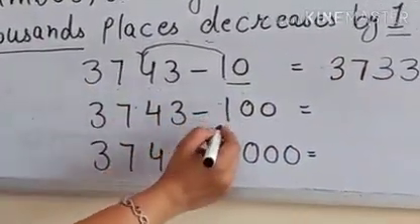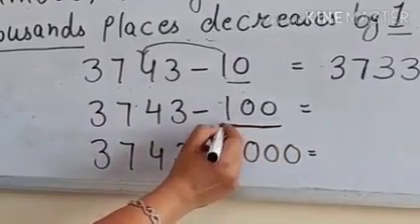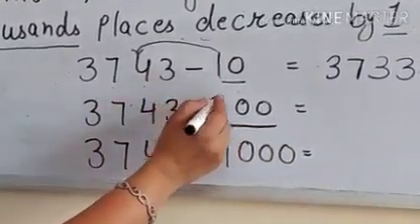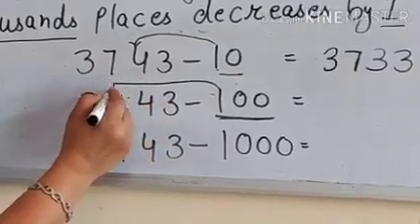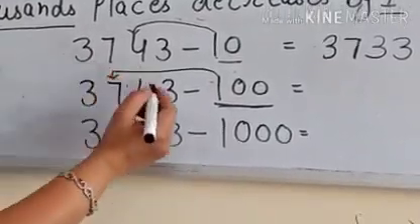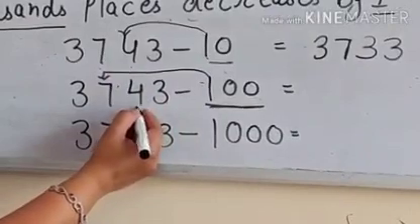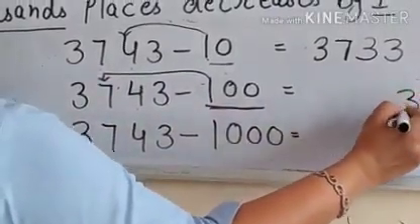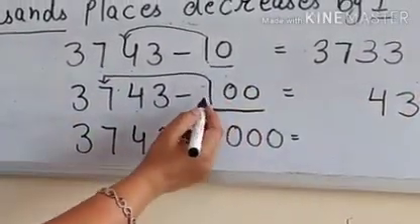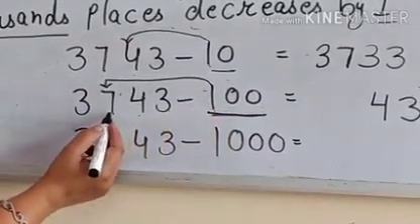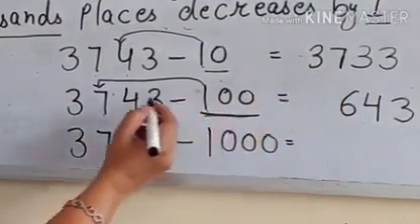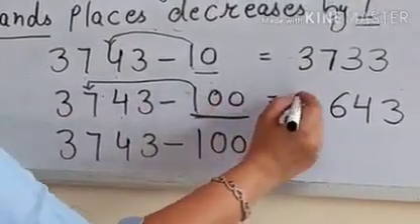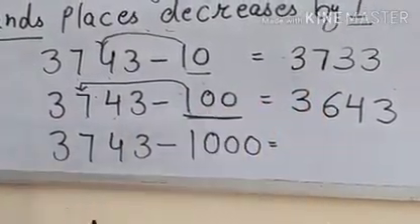In the next example, when we subtract 100, then we subtract this 1 from the hundreds place digit. Now this 3 and 4 will remain the same, and when we subtract this 1 from 7, we will get 6, and the next digit will be the same.